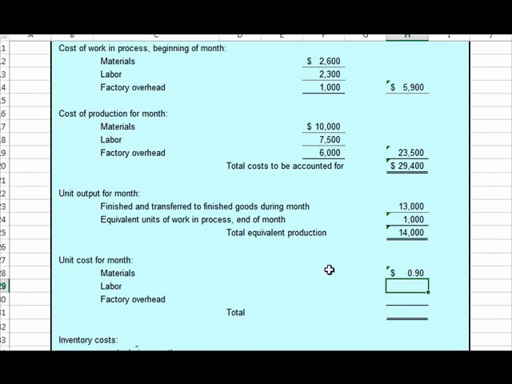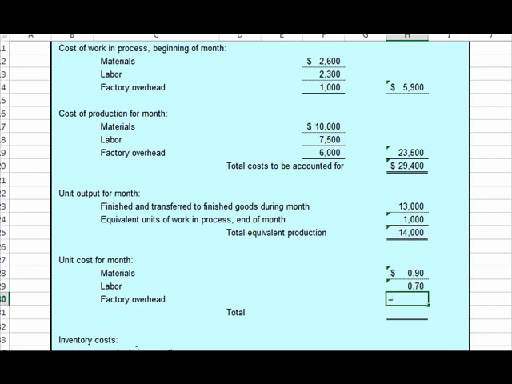We'll do the same thing for labor. Take the labor cost in beginning work in process plus labor cost for new units during the month, units started during the month I should say, and divide that by our 14,000 units. It gets us 70 cents.